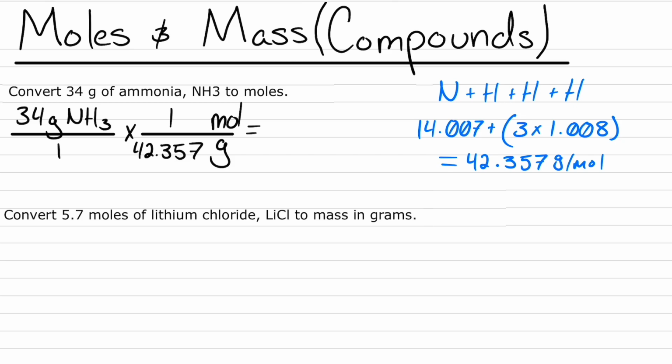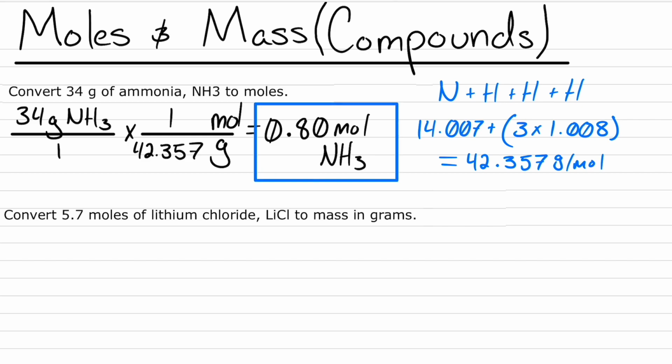And then I do out the calculation. 34 divided by 42.357, which, rounding to significant figures, comes out to 0.80 moles of ammonia. Again, we should always label what element or compound we are doing the conversion for, because it becomes very important later in the stoichiometry unit.